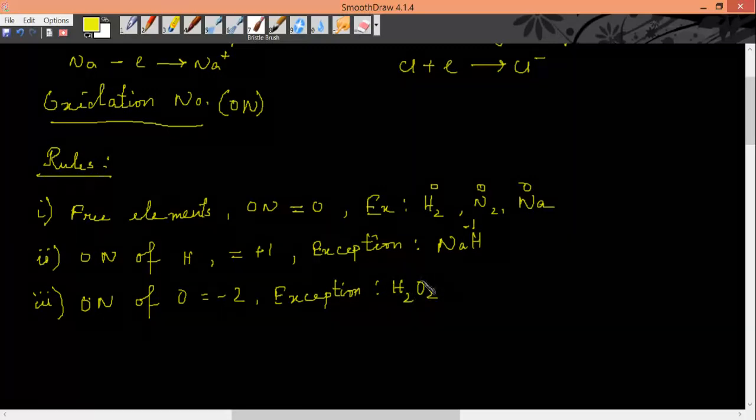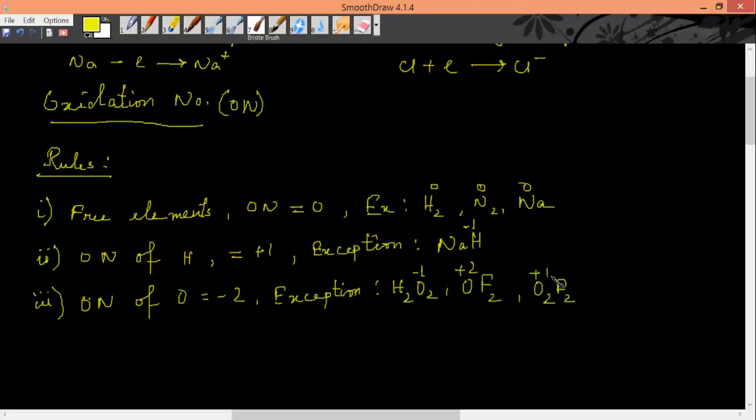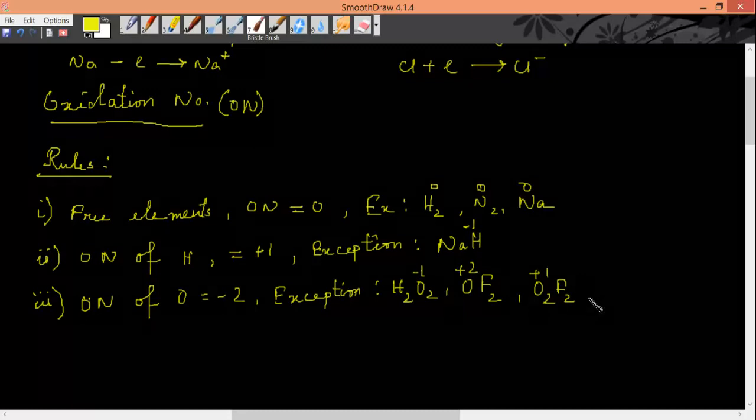Oxidation number of oxygen here is minus 1. For OF2 it is plus 2. For O2F2 it is plus 1. And a very interesting one is superoxides, for which oxidation number of oxygen is minus half.